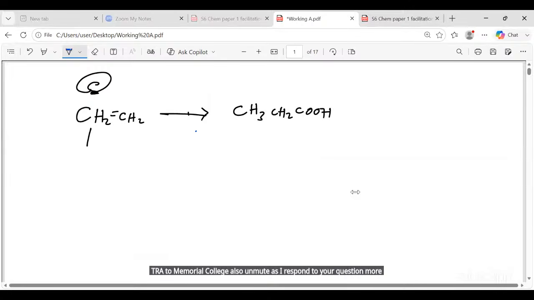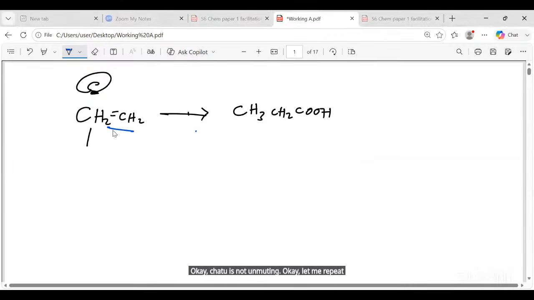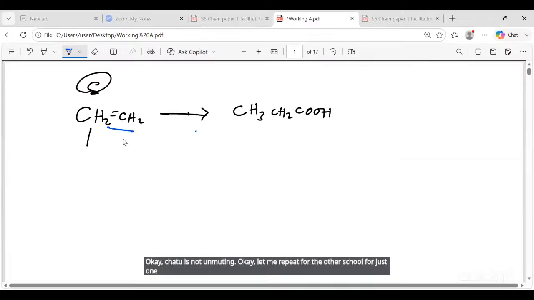Chua 2 Memorial, unmute. Okay, Chua 2 is not unmuting. Let me repeat for the other school one last time.